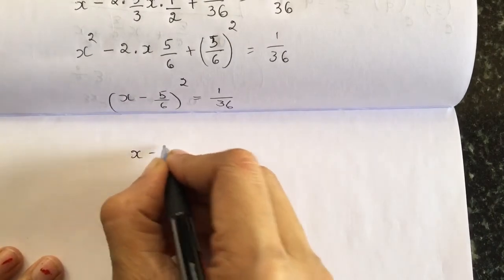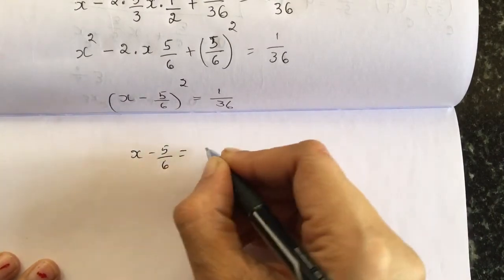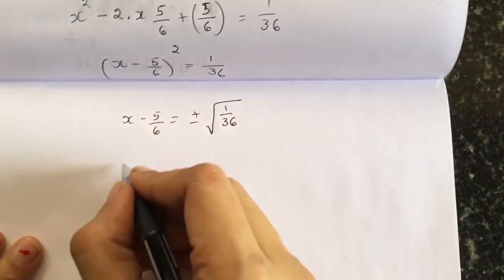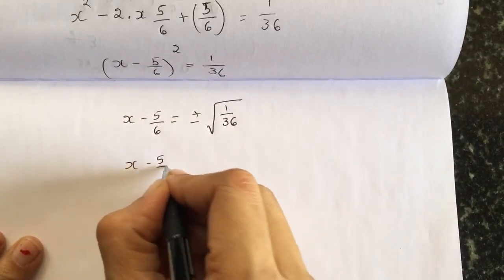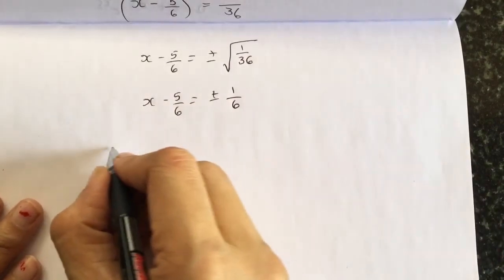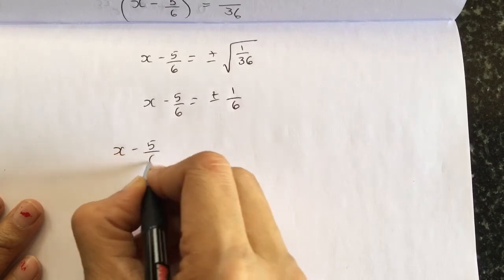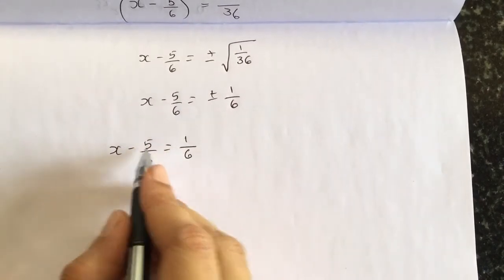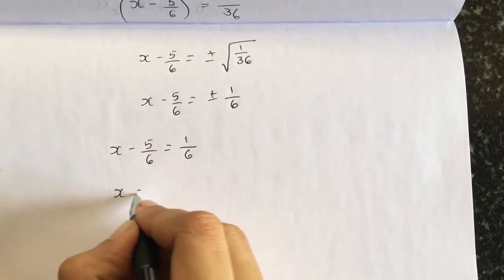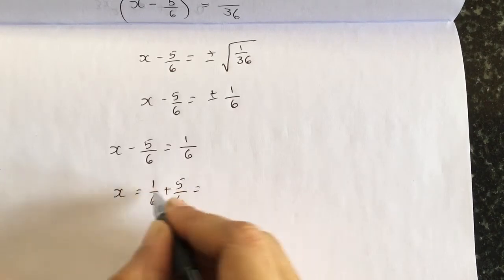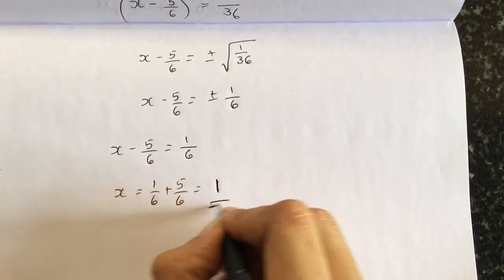Then x minus 5 by 6 is plus or minus root 1 by 36, which is nothing but 1 by 6. You can take x minus 5 by 6 equal to 1 by 6. If you take it to this side, this will be x equal to 1 by 6 plus 5 by 6, which is 6 by 6, which is equal to 1.